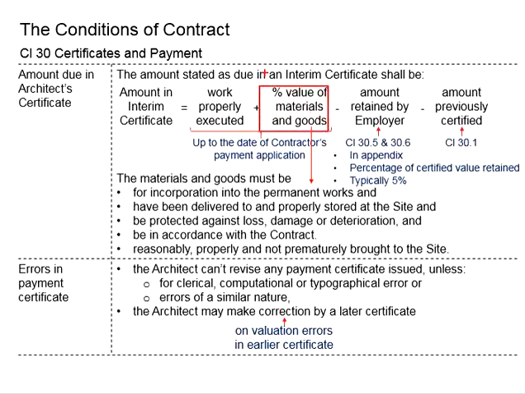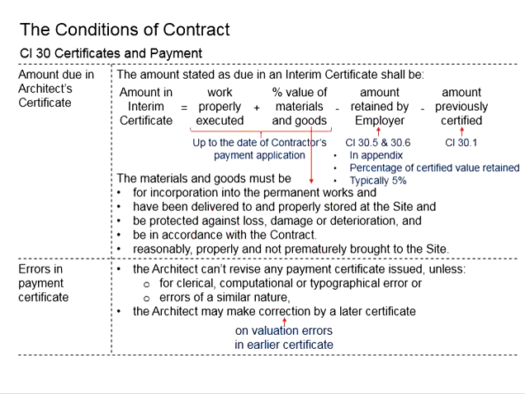Regarding the materials and goods here, they must be for incorporation into the permanent works and have been delivered to and properly stored at the site, and be protected against loss, damage or deterioration, and be in accordance with the contract, reasonably, properly, and not prematurely brought to the site.